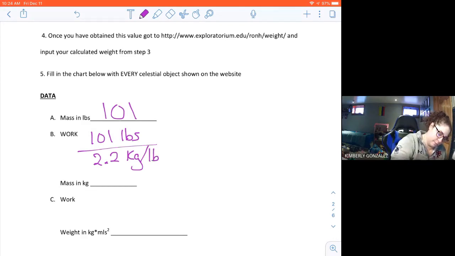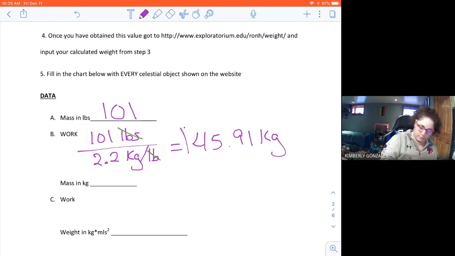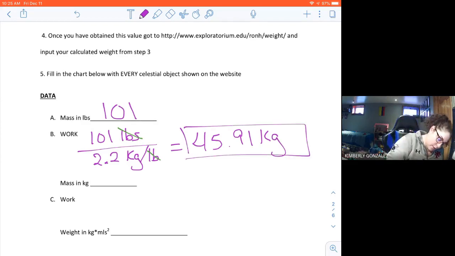Okay, so now pounds cancels, and I am left with, now remember, you're doing this based on your current weight the last time you got on the scale. Again, nobody's judging, nobody's looking at this. Okay, so do not feel embarrassed. Some people get embarrassed by their weight. I don't know why. Please do not. Okay, so the answer here is going to be 45.91 kilograms for me and me only.